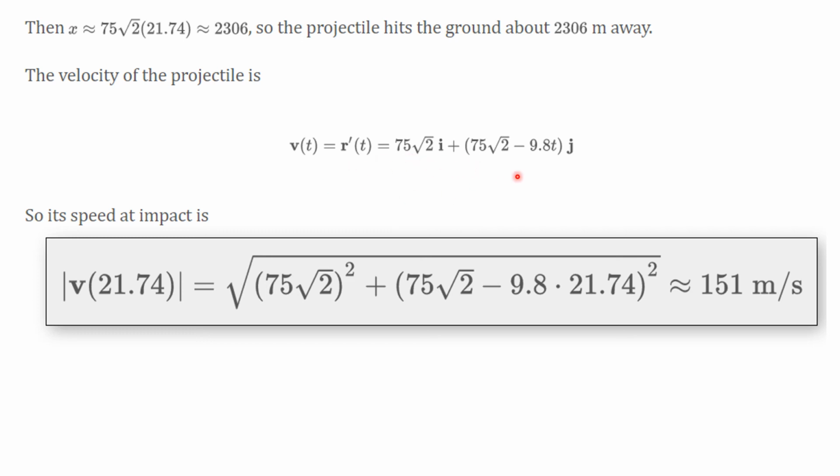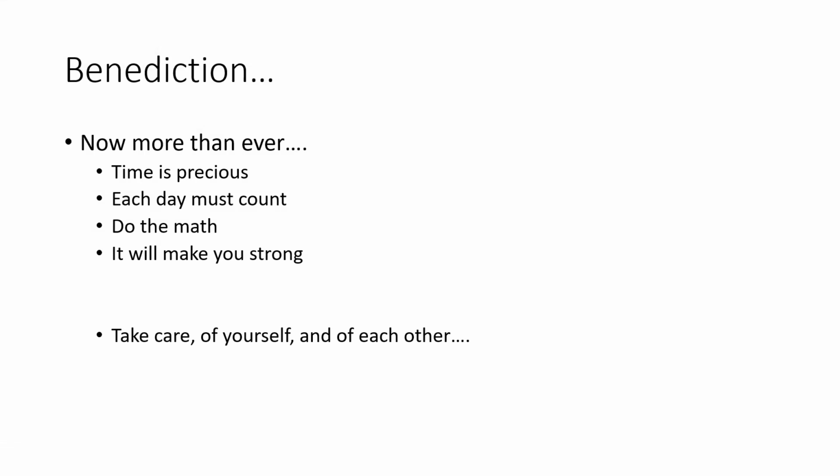For r of t, I get this equation, and I know what t is. T was the number that we had before. We substitute it in, and it said with what speed does it hit the ground. So this is the magnitude of that, and we get approximately 151 meters per second. An excellent application.